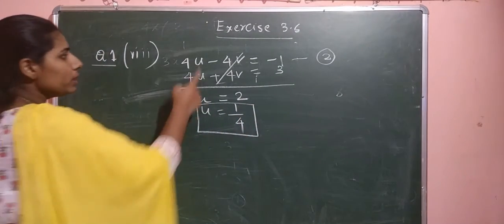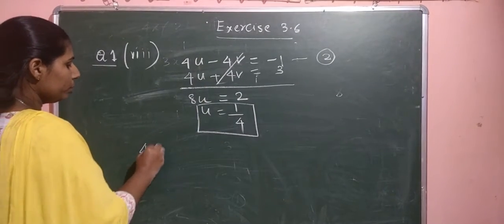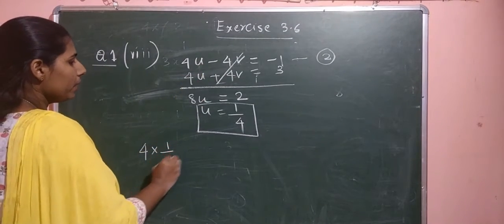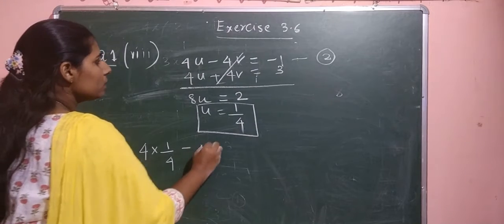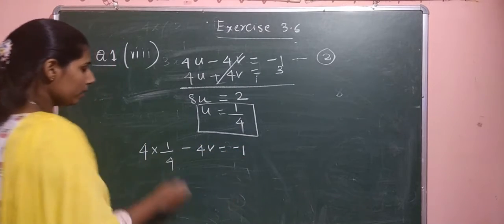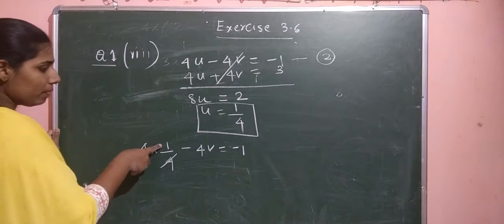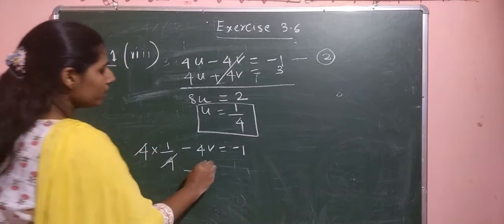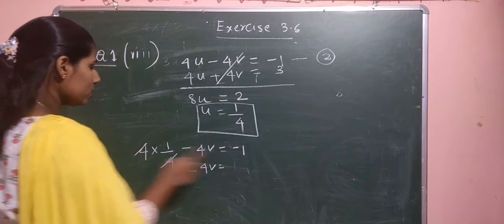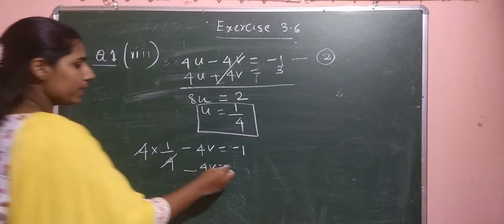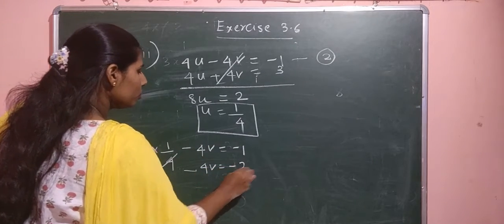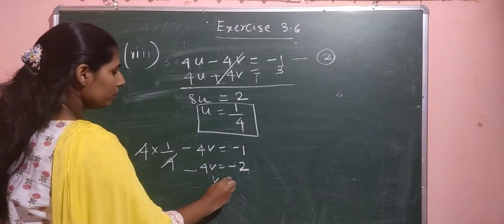Now put the value of u in any one equation. You will get 4 into 1 by 4 minus 4v is equal to minus 1. This will get cancelled. Here minus 1 is left. Okay. So you will get minus 4v is equal to minus 1. Here plus 1 will go that side, will become minus 2.